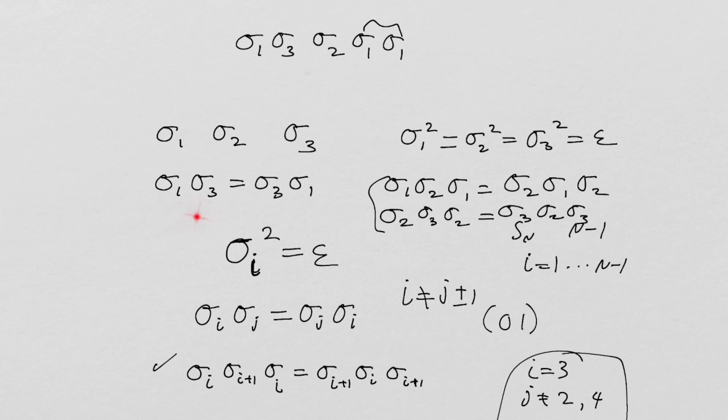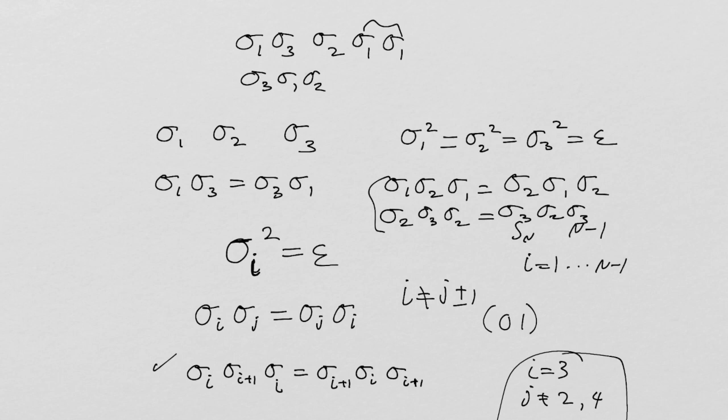Well, sigma 1 and sigma 3 commute, so this is the same as sigma 3, sigma 1, sigma 2. And if you multiply sigma 1 sigma 2 on both sides by sigma 1, you get sigma 2 sigma 1 sigma 2 sigma 1, and that doesn't really help you. So this might be an example of another group element formed by these generators.